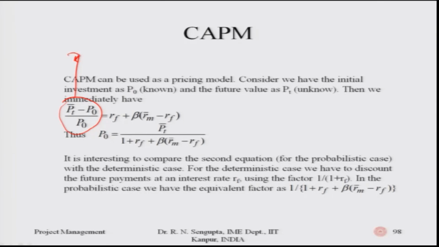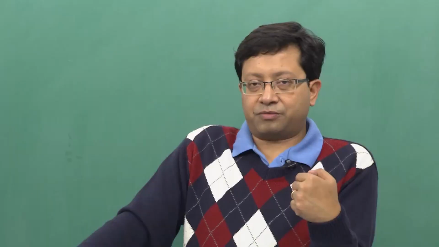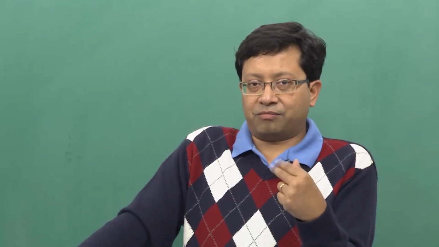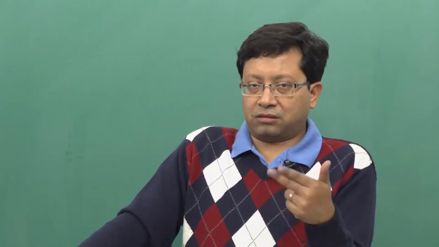RI bar, say for example, is equal to RF, which is the risk free interest rate, plus the beta factor for the investment multiplied by the difference of the market and the risk free interest rate.